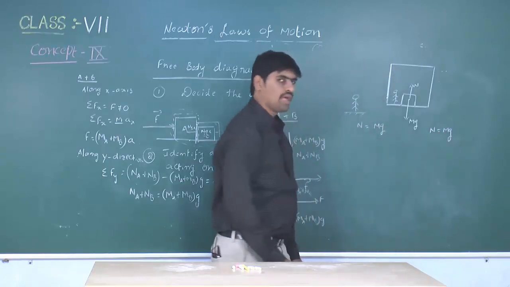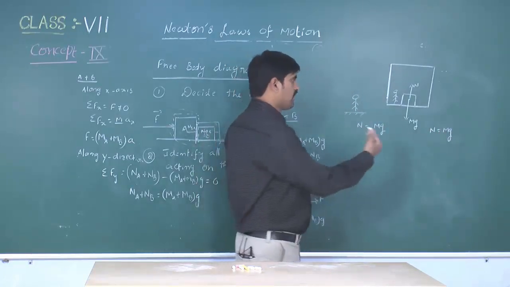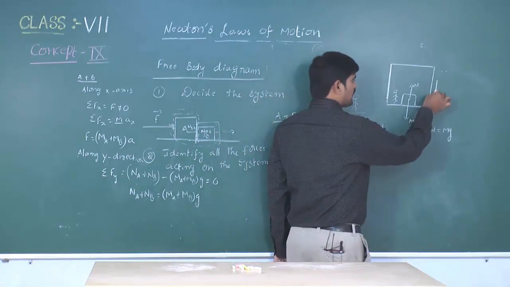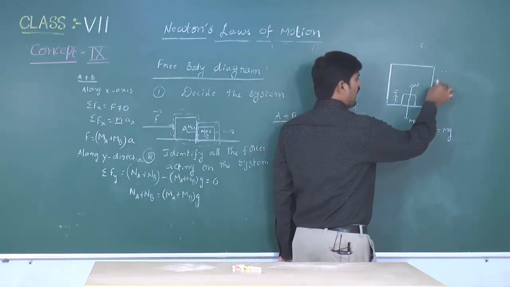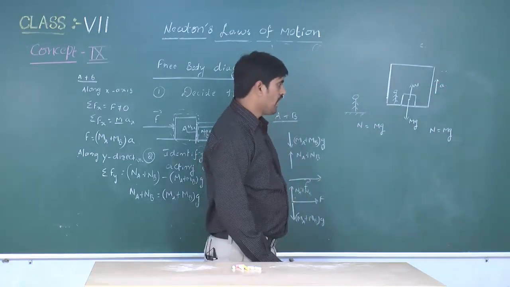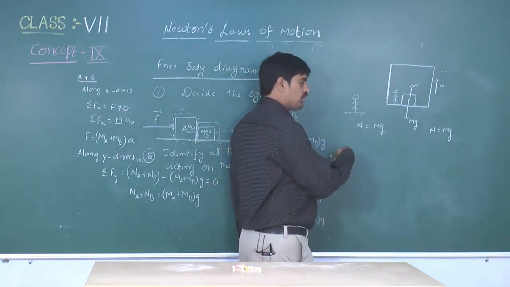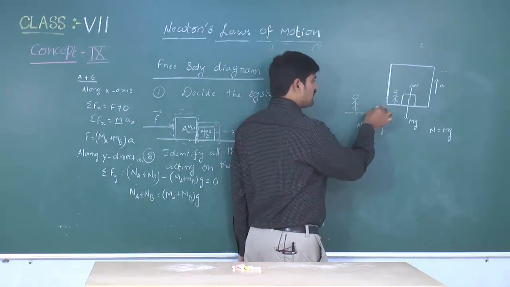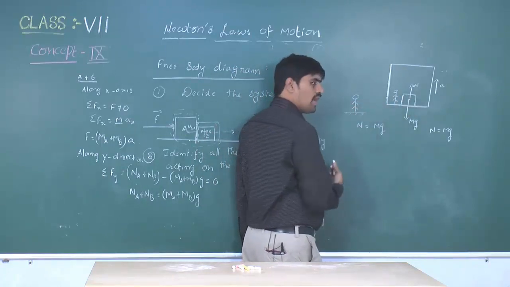Now, another one. For example, if the lift is accelerating in the upward direction. Once again, what does the observer on the ground say, and what does the observer in the lift say?